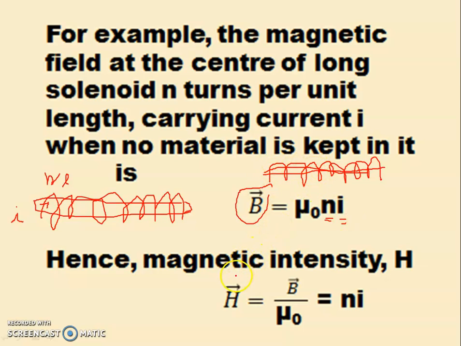Hence, the magnetic intensity H is simply vector B divided by mu 0.